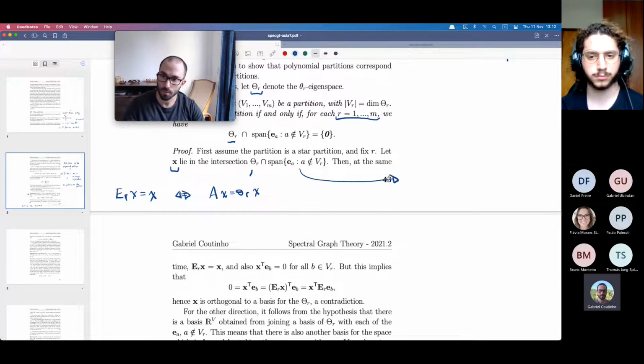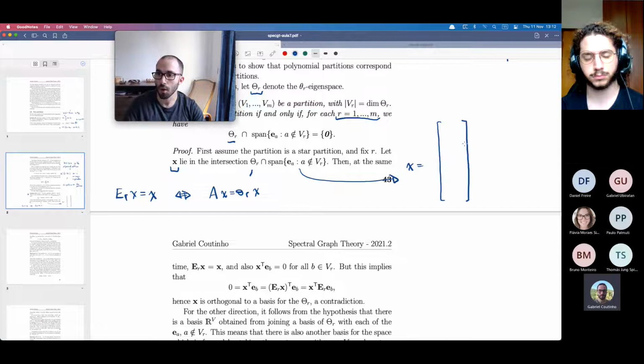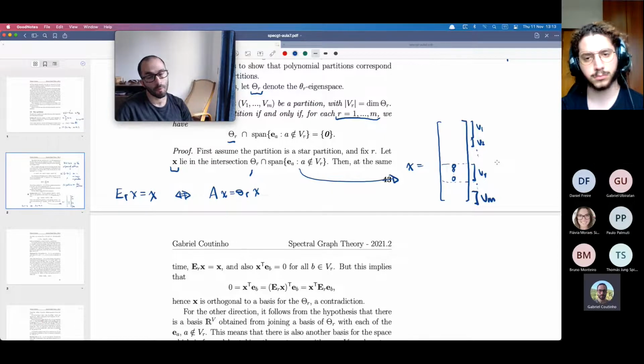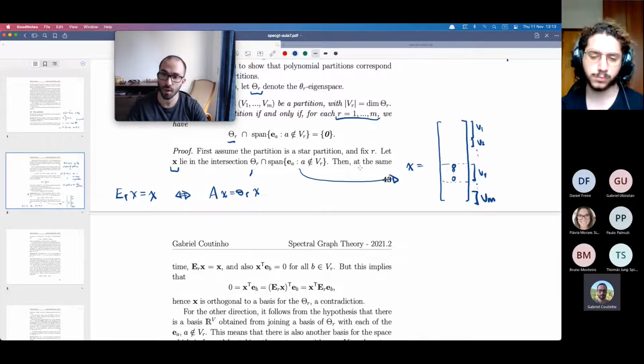So I have that x is a vector, and here I have the entries corresponding to v1, v2, vr, vm. And what I'm saying is that x is in the span of these characteristic vectors that lie outside of vr. So I'm saying that these entries here are 0 in this block corresponding to vr. All right? So this is exactly what I am saying.